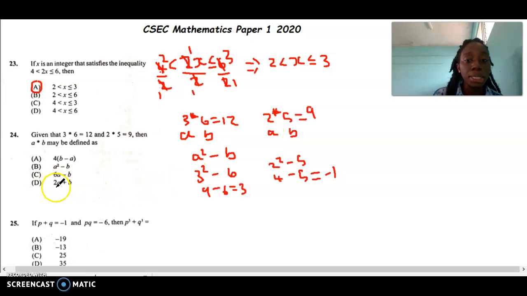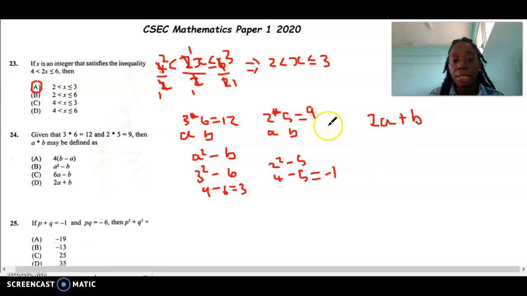Let me choose D. I'm just choosing random answers because I'm doing trial and error. So I'm utilizing 2A plus B. In this case, A is 3 and B is 6.